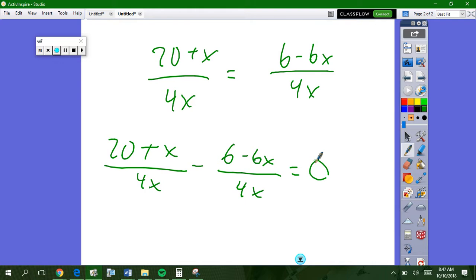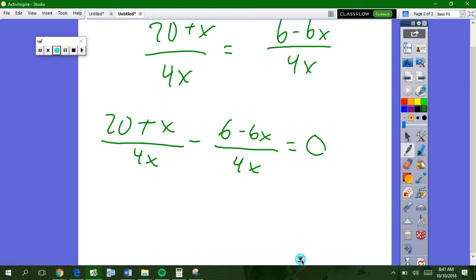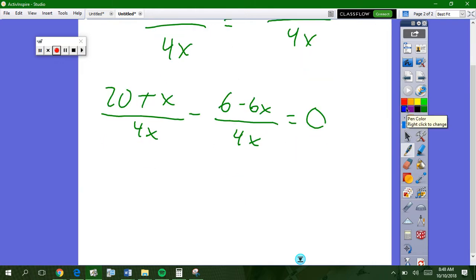Everybody there? Now because I have a common denominator, I can just combine like terms, correct? 20 minus 6 is 14. x minus negative 6x is 7x over 4x equals 0.